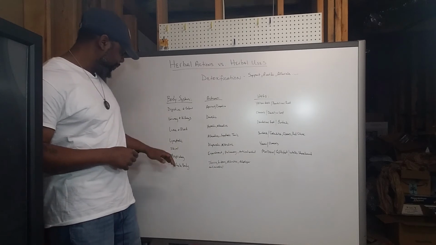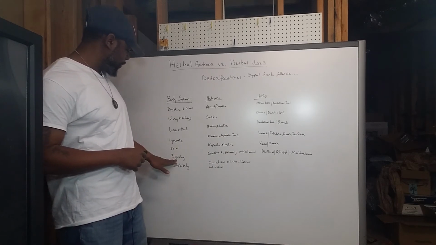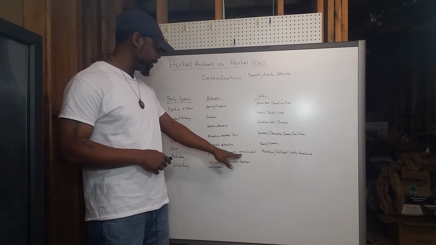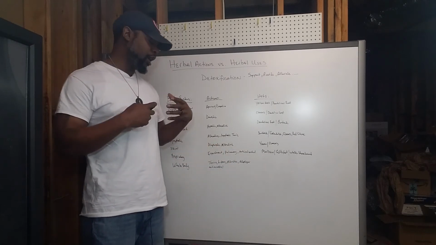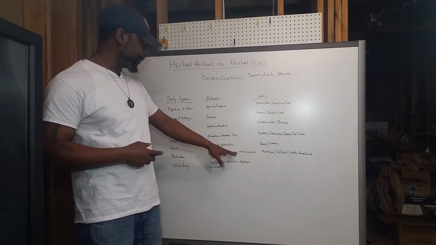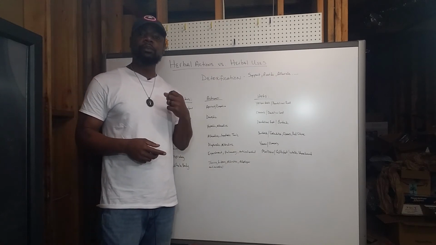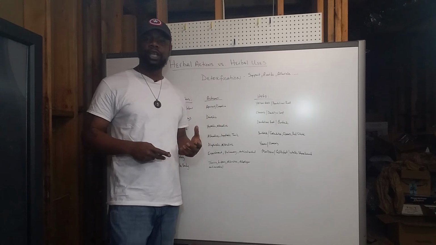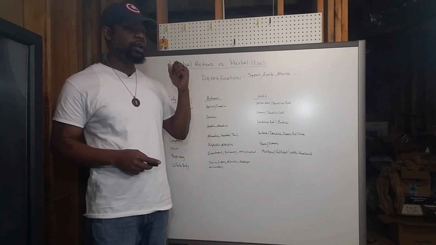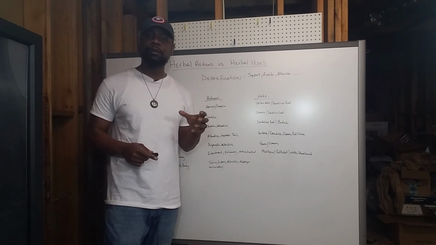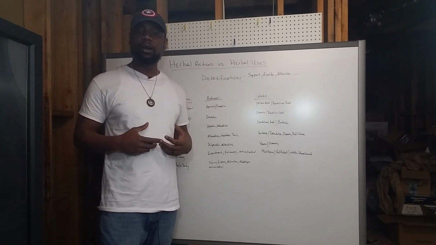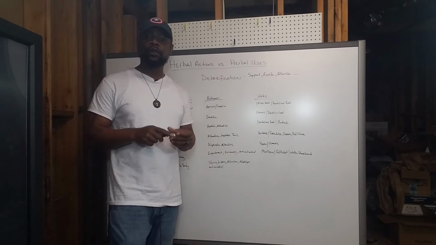All right, now the next one is you're going to need something in your detox for the respiratory system. You're going to need an expectorant, all right, a pulmonary action, and anti-catarrhal actions. Now, expectorant and anti-catarrhal are basically going to be herbs that promote the phlegm and the mucus to come up out of the chest area, out of the lungs, all right? So you're going to be coughing up phlegm and you're going to be coughing up mucus. These are all waste products that have been stored in the lungs in some form or fashion for some odd reason.